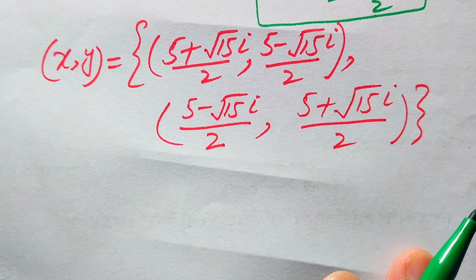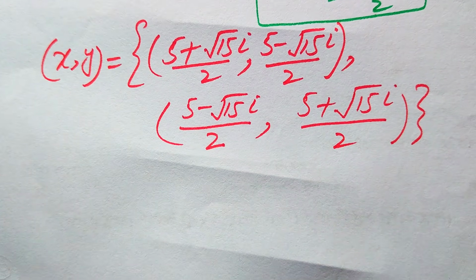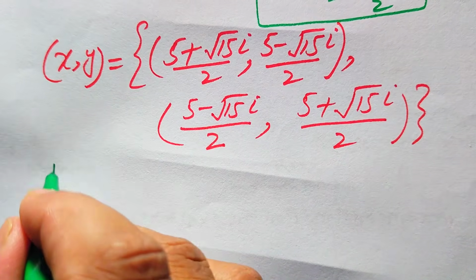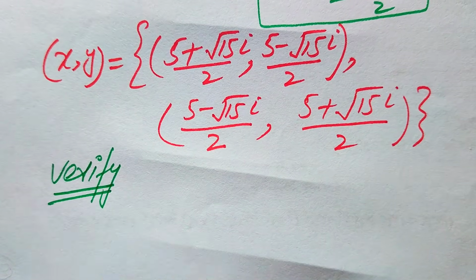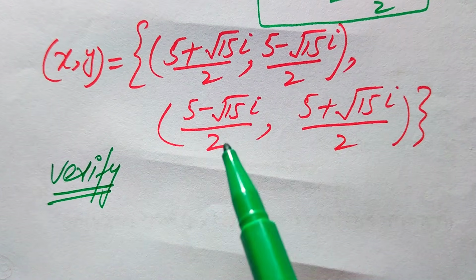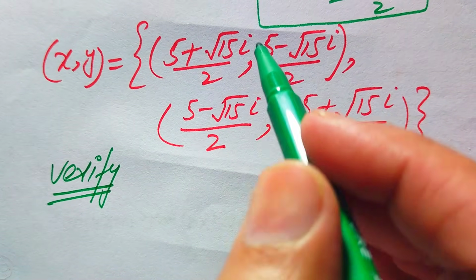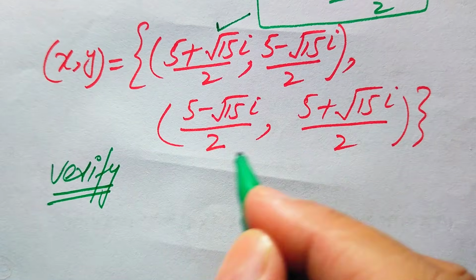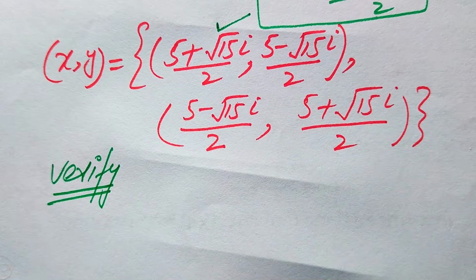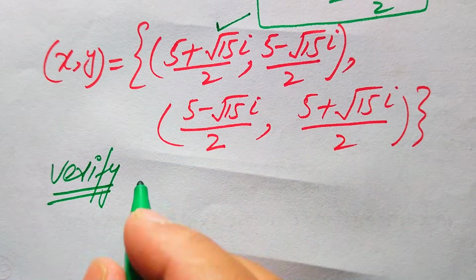And now further in the next step, we need to verify whether these roots are solutions or extraneous roots. For verification, I can verify only one root, and I can leave the verification of the other root for yourself. So for verification, we need to copy down the given equations.